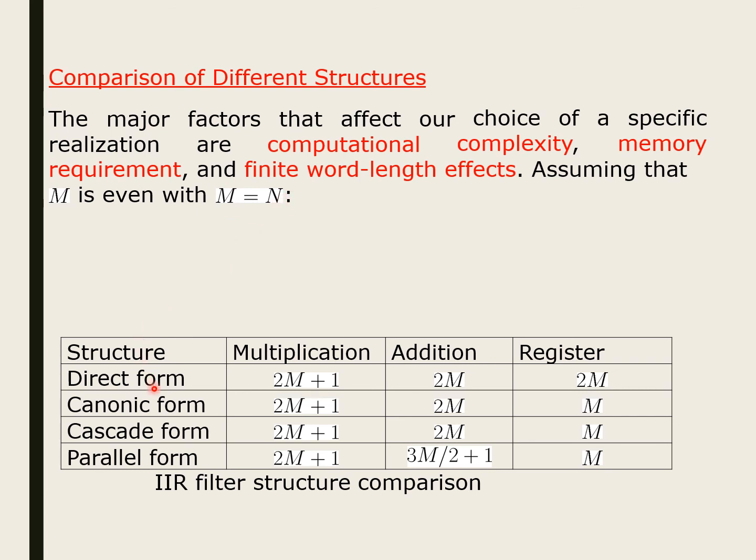In direct form 1, the canonic form is direct form 2, and in cascade form and parallel form, the multiplications are 2M plus 1, the additions performed are 2M, and only in parallel form it is 3M by 2 plus 1, whereas the registers it is consuming are 2M in direct form 1. See how drastically it has reduced from direct form 1 to direct form 2. So we employ only M registers for storing the elements in all these forms.